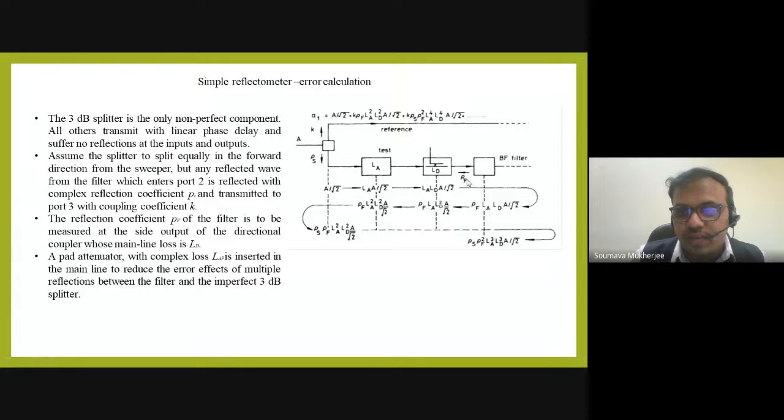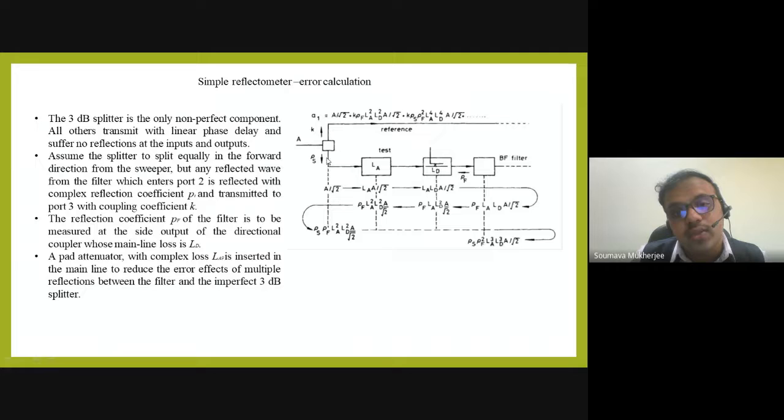So rho f is the reflection coefficient. So the reflected voltage will be rho f LA LD A by root 2. Again, whatever is coupled, it is coupled. So again LD is coming, so rho f LA LD square A by root 2. Then it is going again to the attenuator, so LA square LD square A by root 2 into rho f, and it went to the power divider.